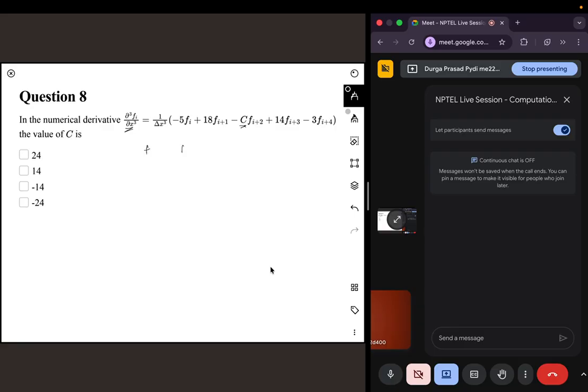So we have f. f triple prime is what we are interested in.